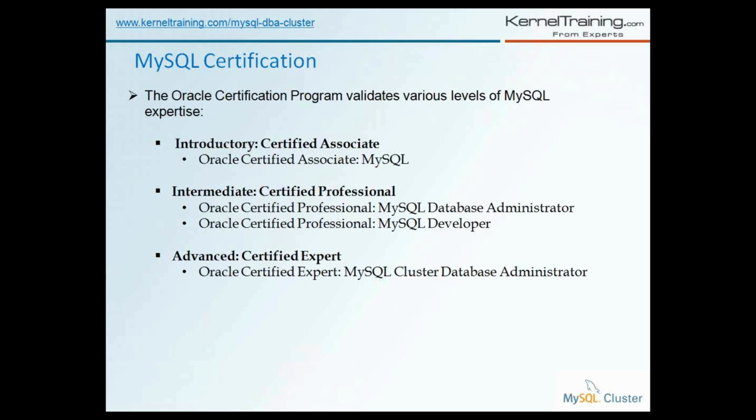At the moment, Oracle has stopped OCA and OCP. Very soon they will launch them again with the latest versions. They stopped OCE a few months ago, and now they have launched 7.4, so they will come up with their latest certification. At the moment we have OCP only.